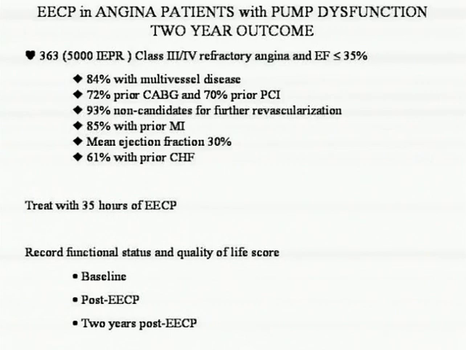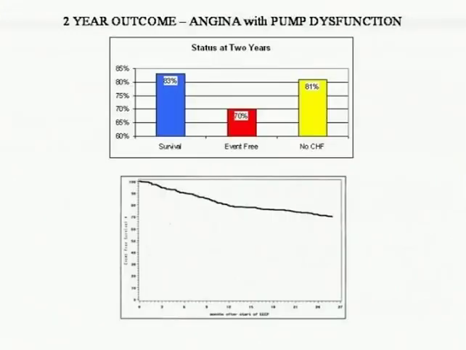We're going to look at patients with class 3 to 4 angina and pump dysfunction, ejection fraction 35% or below. A sick group of patients, they get ECP. You look at functional status and quality of life before, after ECP, and at 2 years. 83% 2-year survival, 81% without heart failure, 70% event-free, very good for this type of patient.